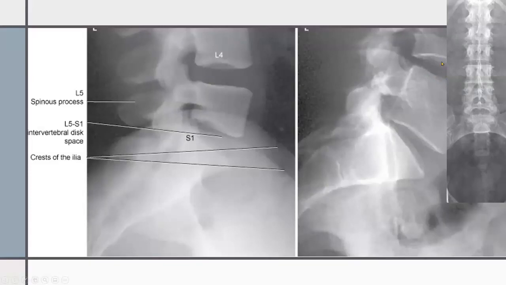And look how narrow the disc space is between 4 and 5 on the image on the right compared to the image on the left. You can drive a Mack truck through that one. I mean, that is good positioning, as well as what we're shooting for in the L5S1 region. I wish all my images looked that good.